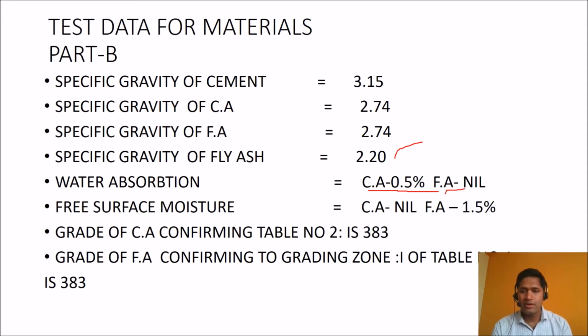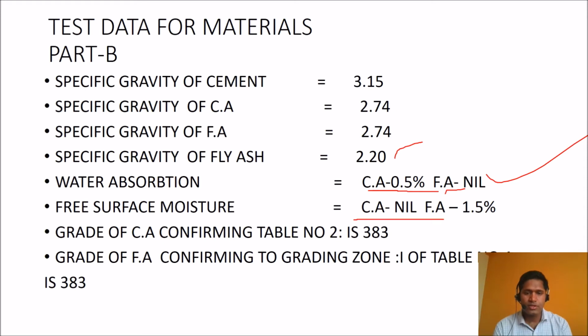So it is not always nil. It may be some percent for a given aggregate. Now it is nil. Then free surface moisture for coarse aggregate is nil because it is stored under a silo. And for fine aggregate it is 1.5% free moisture.